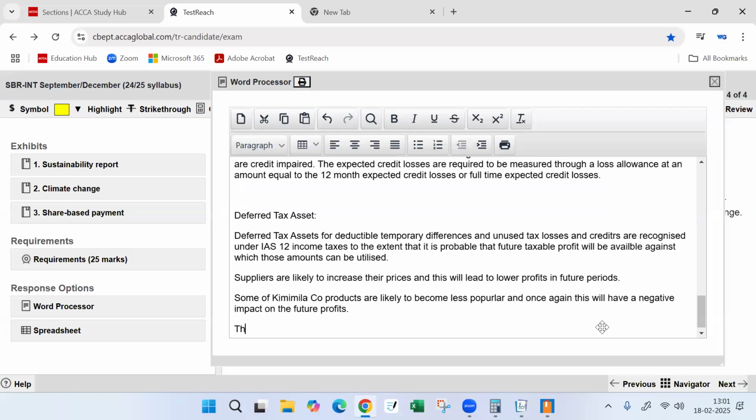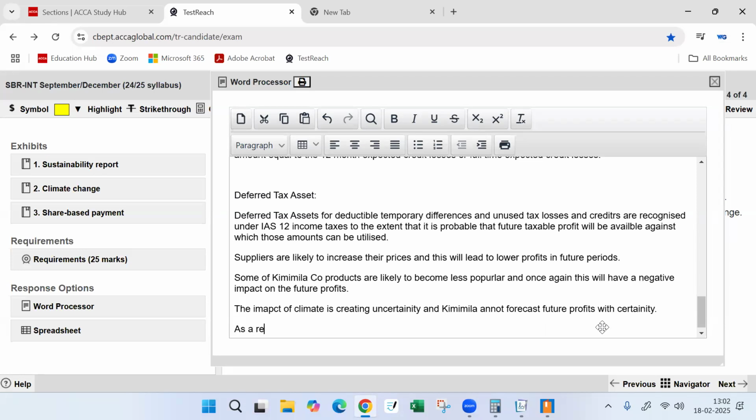profits. The impact of climate change is creating uncertainty, and Kimimila cannot forecast future profits with certainty. As a result of the above, future profit may be less likely.